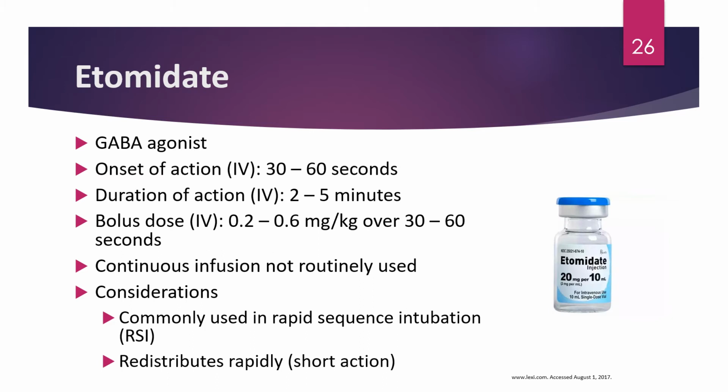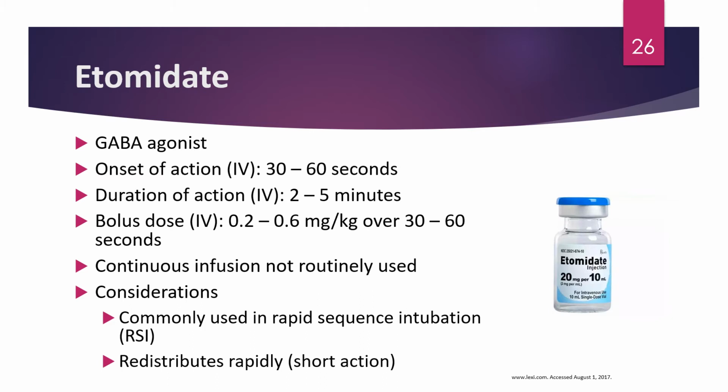We can use other agents for rapid sequence intubation. Etomidate is just the preferred one, and a lot of times considered a first-line agent for rapid sequence intubation. And this is the only time you will see etomidate, in rapid sequence intubation, versus the other sedatives, which obviously have usage as continuous sedatives.